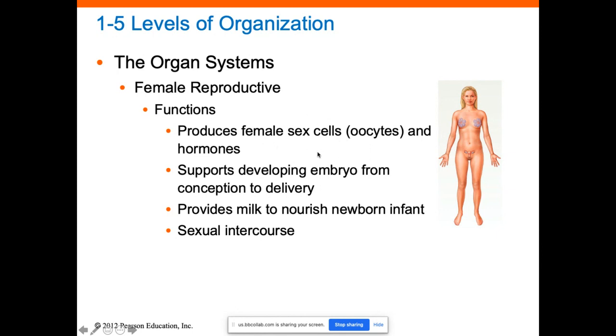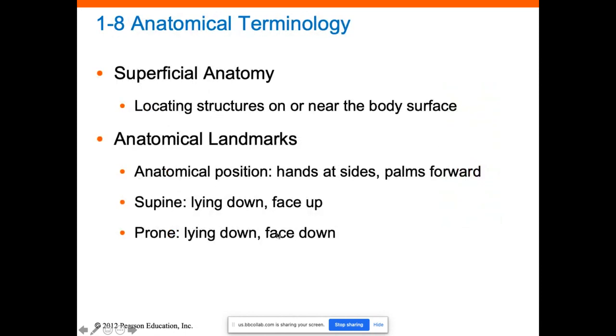And then many hormones are going to be produced by the ovaries, and even the placenta when a woman gets pregnant, and the embryo to help support the pregnancy. The breasts are for the nourishment of the newborn. Again, there are many hormones that act on the breast tissue to help with lactation. One of them is called prolactin, and of course, sexual intercourse.